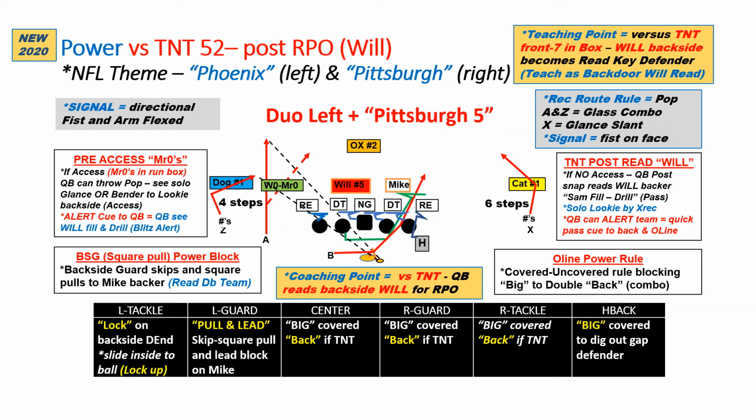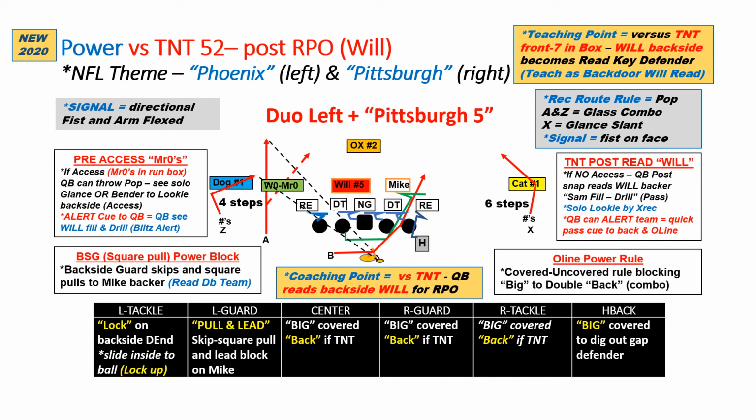When we get into our RPOs, power, here it is to the right. Again, we've got the 5 defensive linemen. Center calls out the TNT. That alerts the quarterback. Now we're going to go to a backdoor read. Again, because there is no SAM in this case, to the right side. So now we'll just read backdoor will, and we've got our pop concept, bender read to the lookie underneath.